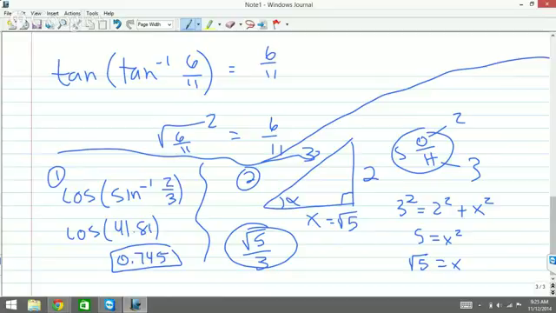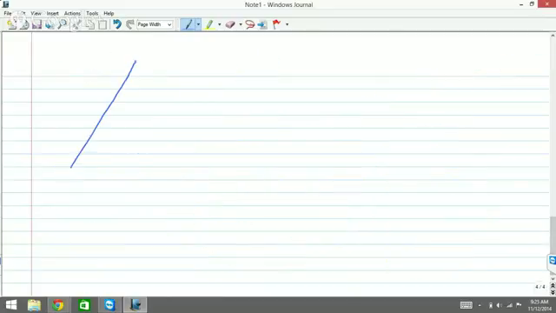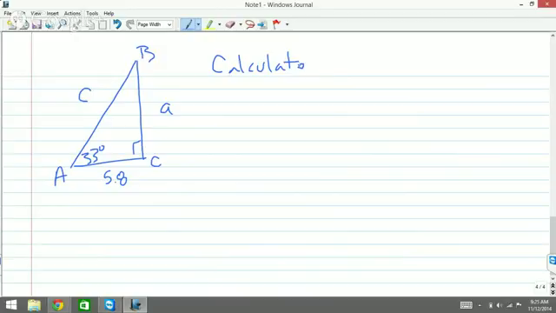Okay, if I give you a triangle, I give you 2 pieces of information. Can you figure out the rest?